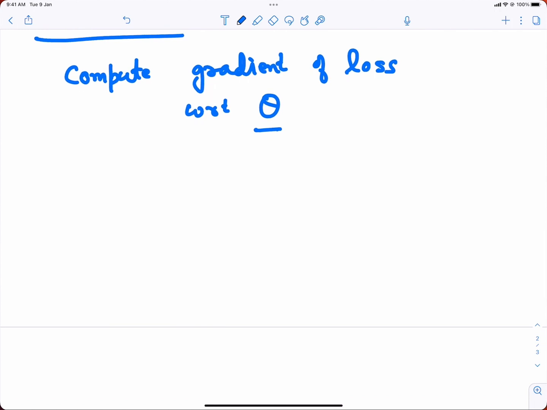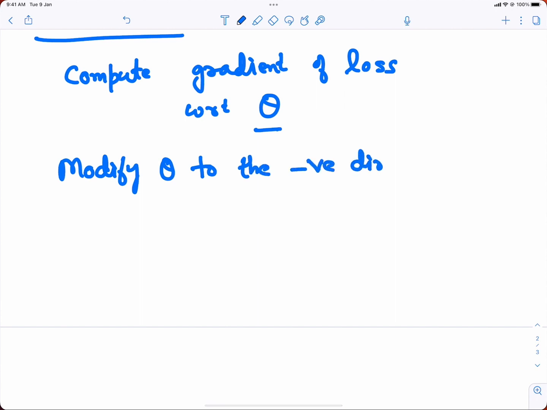And how do we modify? We make a small adjustment to theta. That is why we find the gradient with respect to theta, so that we can modify theta, with the adjustment in the negative direction of the gradients, so that next time the loss will be reduced.